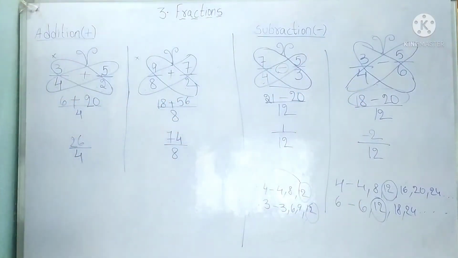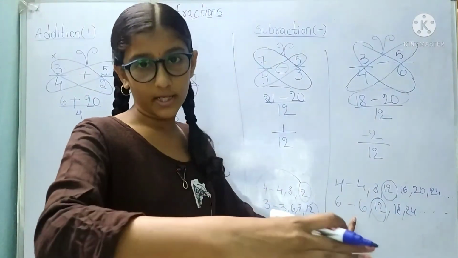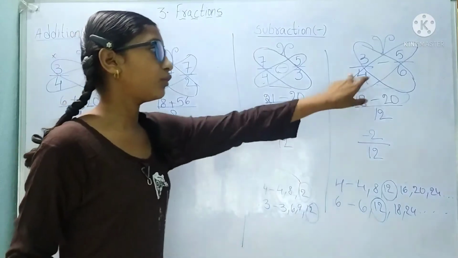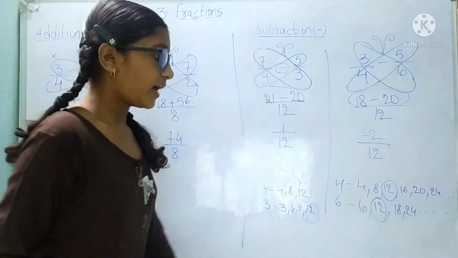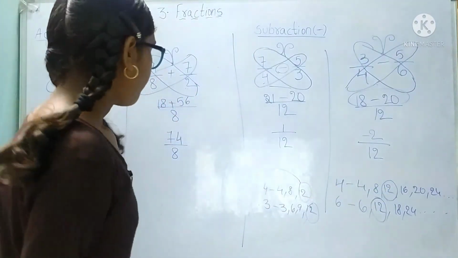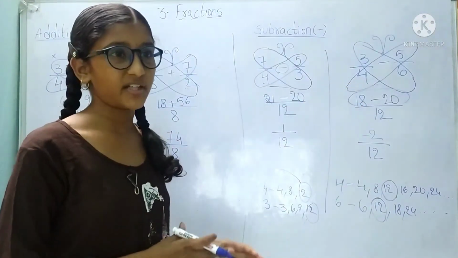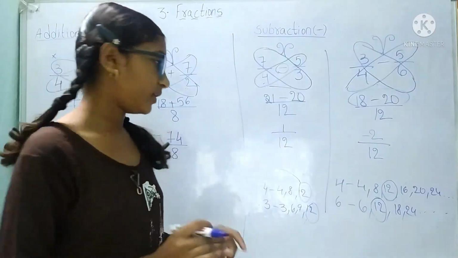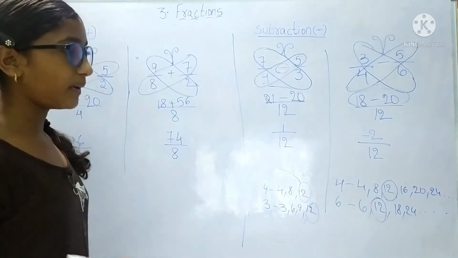Okay, and here I am writing all the multiples, the 4 multiples and 6 multiples for the 2 denominators, and I have seen which is the least common multiple. When we have big numbers in the denominator place, like 28, 24, then at that time we have to use the LCM, least common multiple method.